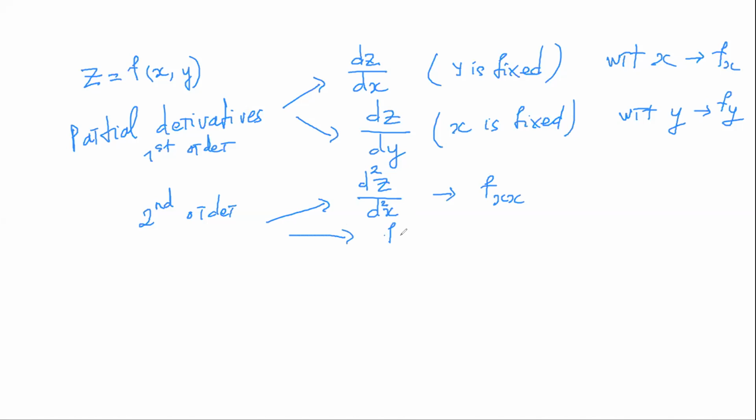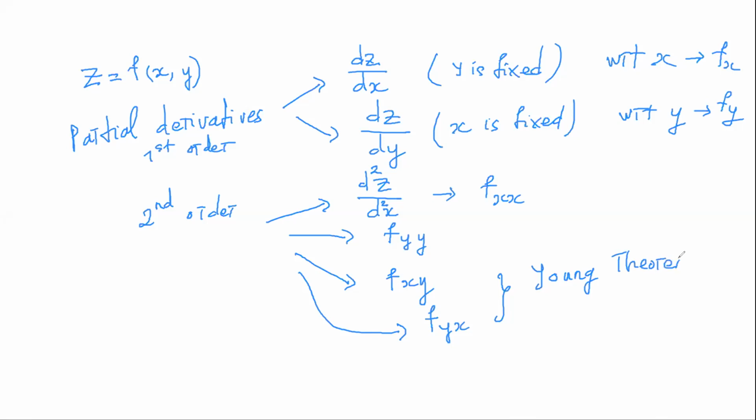Then we have fyy, fxy, then fyx. Following Young's theorem, we will have fxy equal to fyx. Okay. All right.